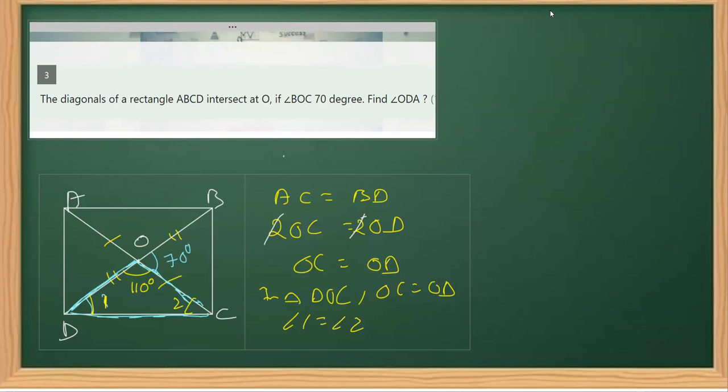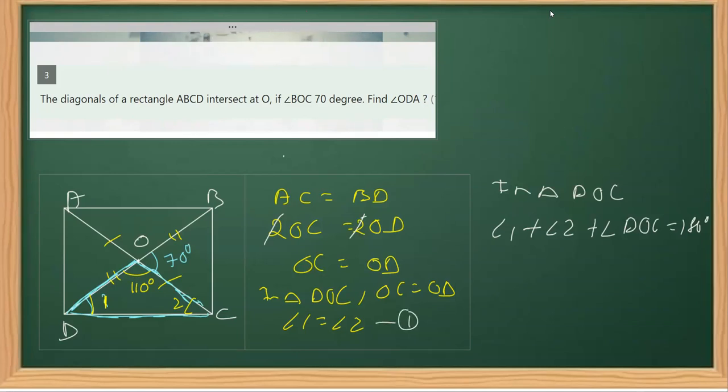Now, after that, we are going to apply the angle sum property in this triangle. That is in triangle DOC, we have angle 1 plus angle 2 plus angle DOC is equal to 180 degree. That's by angle sum property. Further, as you know, 1 and 2 are equal here. So I can replace angle 2 with angle 1 as we are supposed to find angle 1.